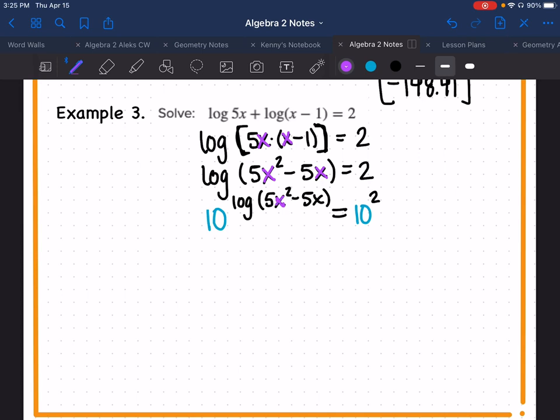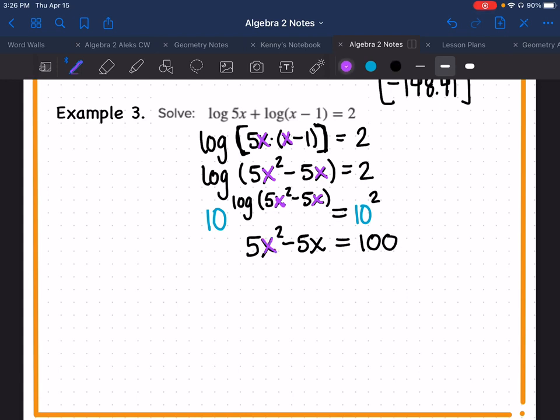Now I want to get these x's alone, and there's two of them this time. Remember that this base here is 10, so this logarithm and this 10 are going to undo each other, and I'm going to end up with 5x squared minus 5x equals 10 times 10, 10 squared, 100.